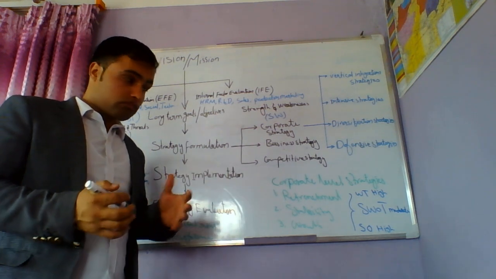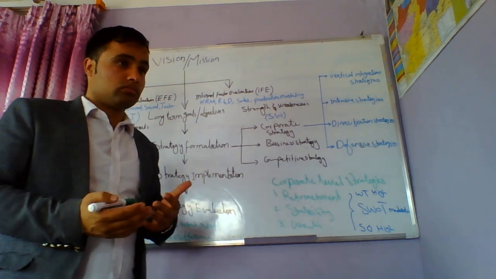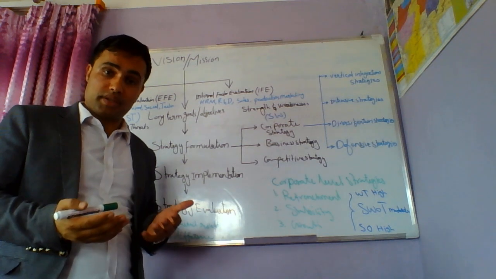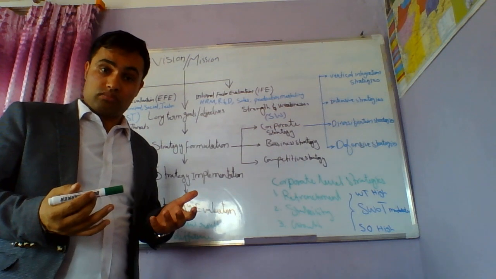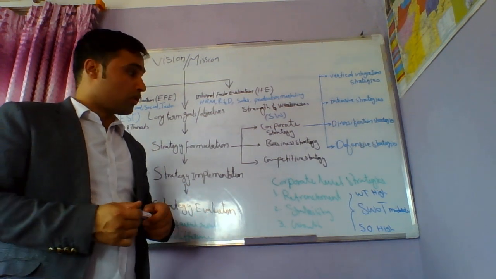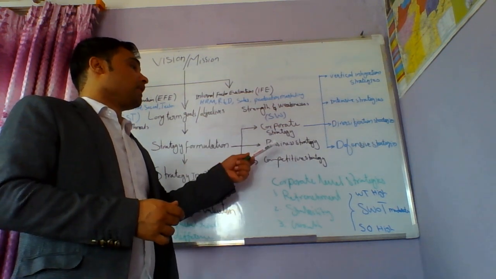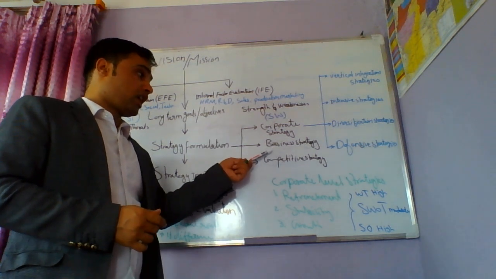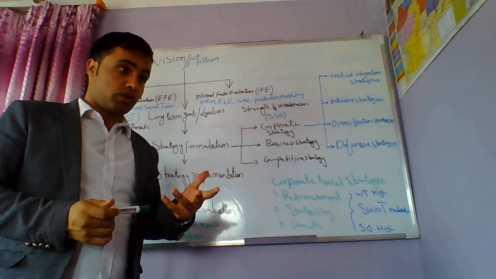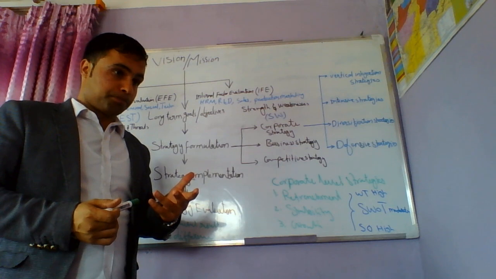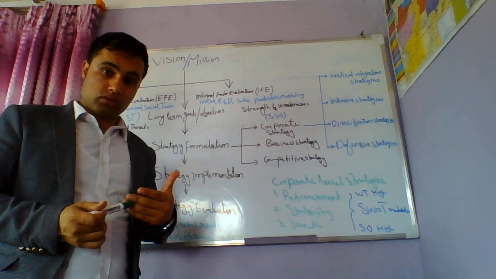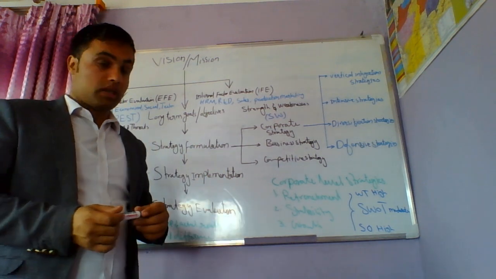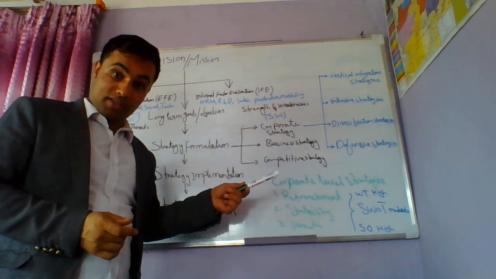One type of car that Toyota is producing is Corolla, Toyota Corolla. So Toyota Corolla is a business strategy. If Toyota is going to produce Toyota Land Cruiser, then that is also a business strategy.